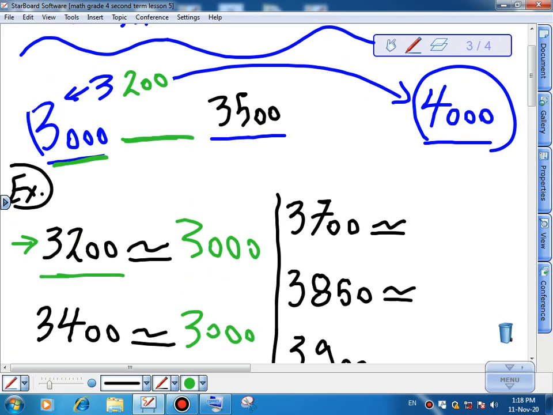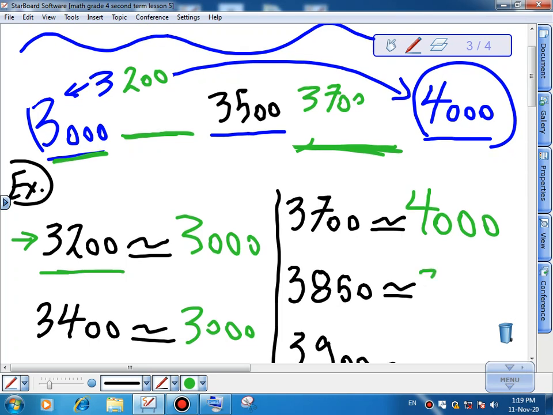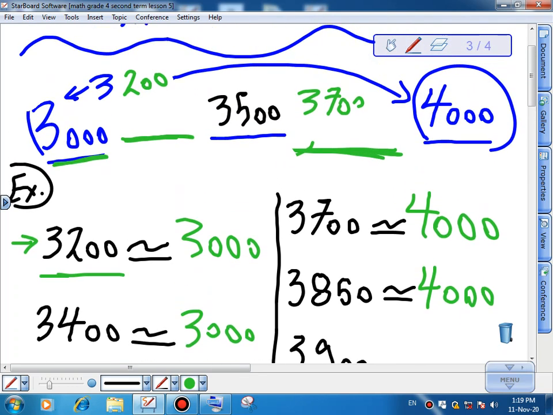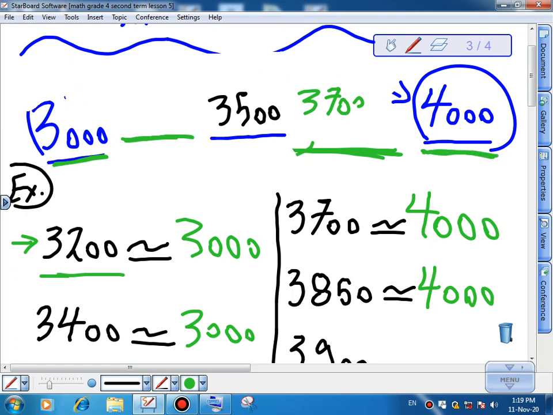But on the other side, in this space, 3600, 3700, 3895 is nearer to 4000 than to 3000, so the approximation will be 4000. 3850 will also be approximated to 4000. 3900 is nearer to 4000 than 3000, so it will be 4000.